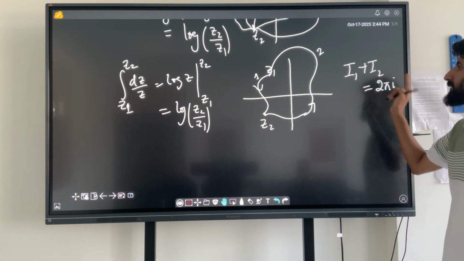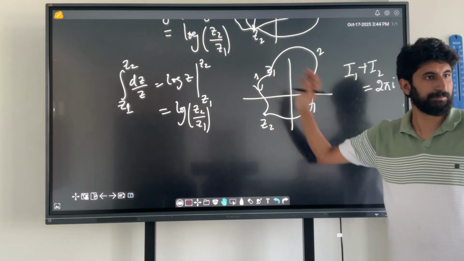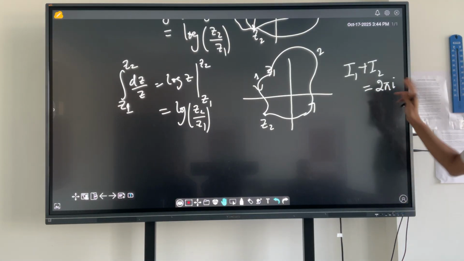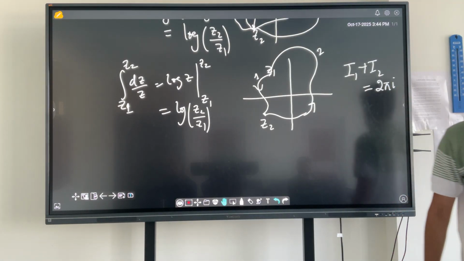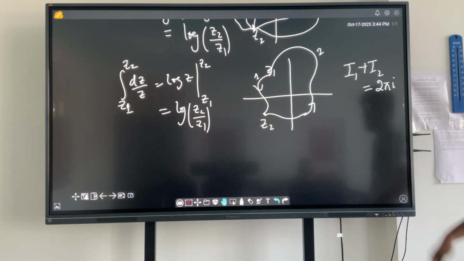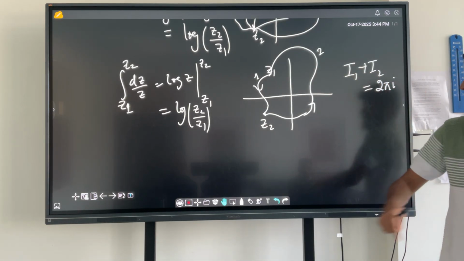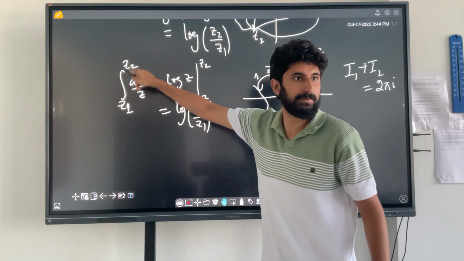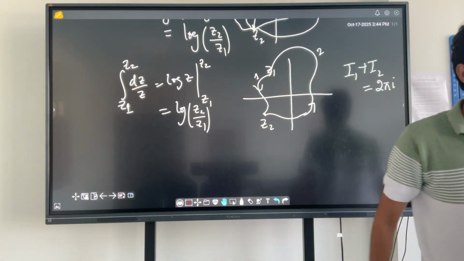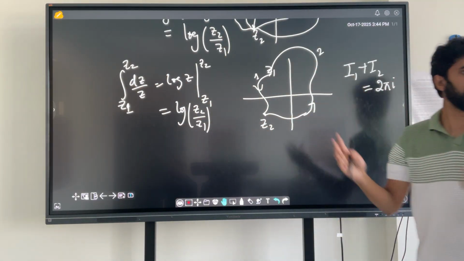So the two integrals can't be the same. They differ by 2 pi i. If they were the same, then both integrals should be pi i. But you know that the integral depends at least on the endpoints, these two points. It can't be a constant.